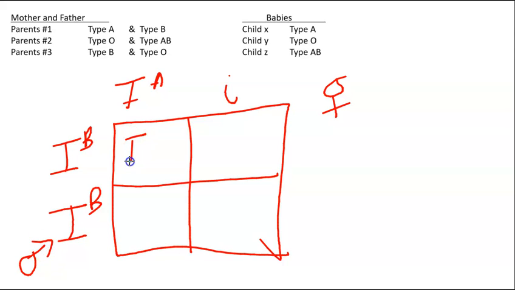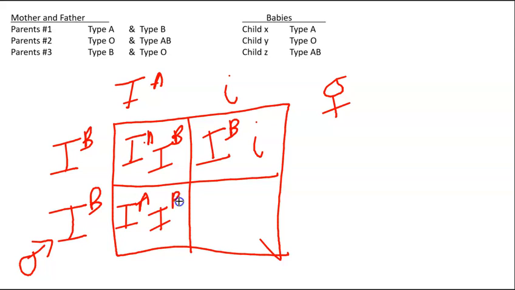So we combine IA with IB. Then here we have IB with little i, that's a carrier. And here we have IA with IB. And again, we have IB here with little i.